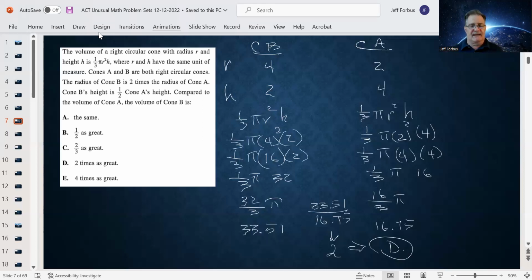If you can't see a clear pathway to solving a math problem on the ACT math exam, and even the SAT math exam, skip it, because they're all worth 1 point.